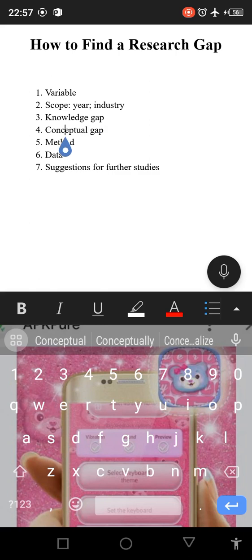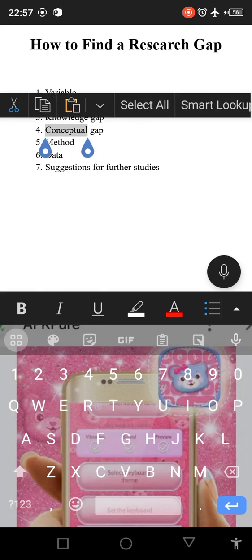All right, let's move to the next one. This is conceptual gap. That's another thing, a bit related to the knowledge gap. Conceptual gap is often related to a concept or a theory.